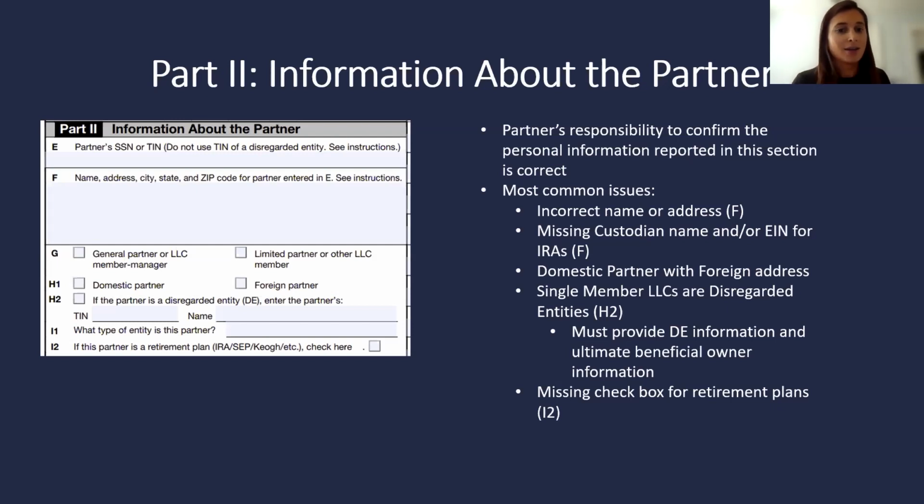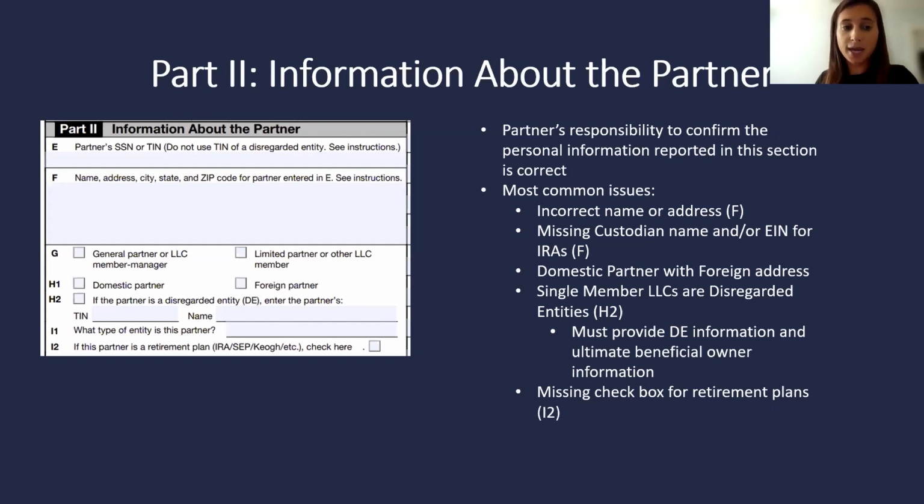Another area, single member LLCs. So in the last few years, this has been a kind of evolving section of the K-1s, because you used to be able to just put your single member LLC and the EIN associated with this, but now the IRS has added this section H2 to show, okay, you invested through a single member LLC.